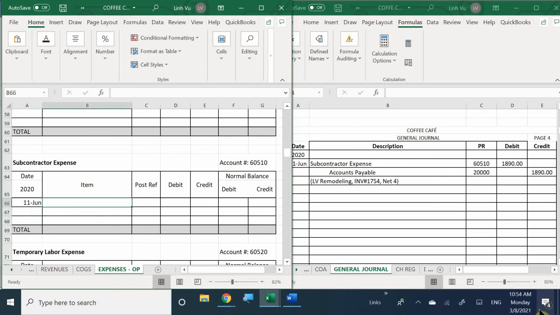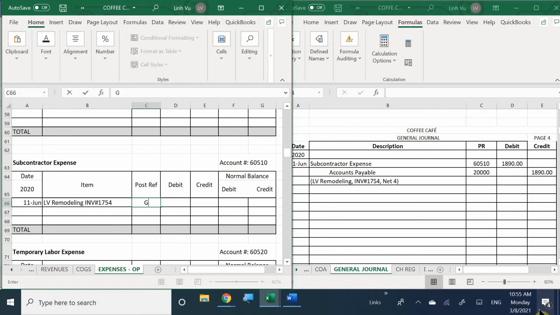In this case, you could place whatever information here. So you could say the vendor, which is LV Remodeling. Right, invoice number 1754.